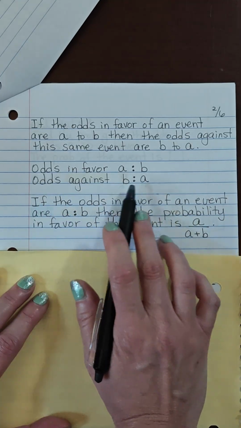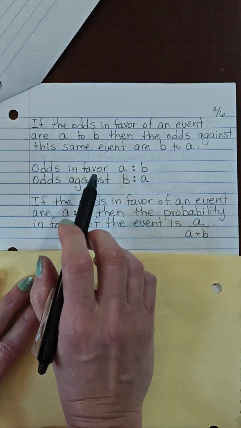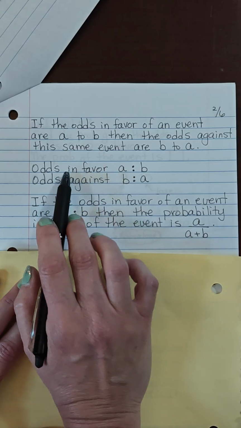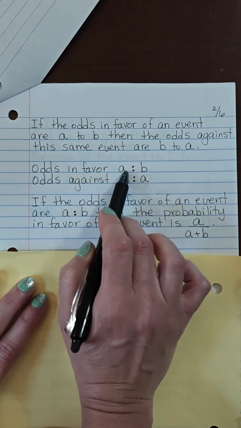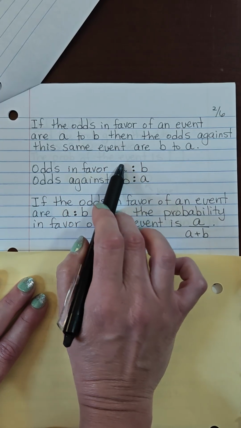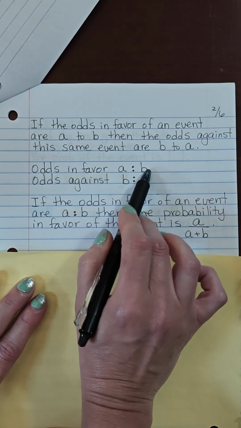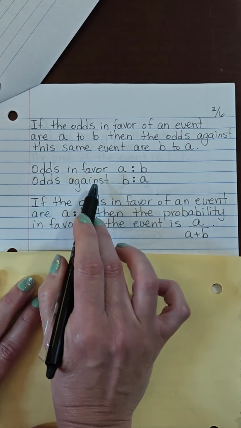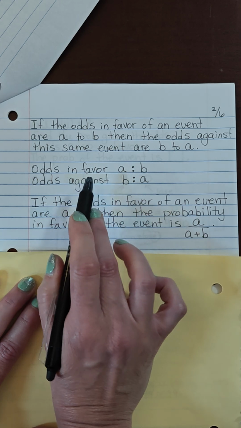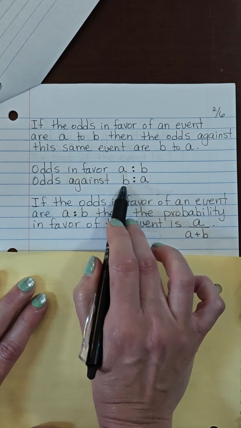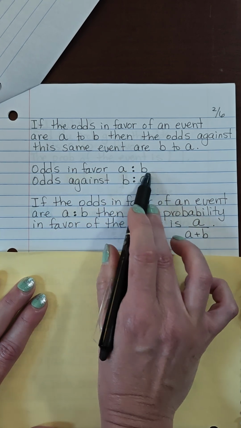The odds against, just flip it. That's because the wording in favor tells you that your wins come first, and then your losses. The odds against tells you that your against number comes first, or your losses come first, and then your wins.